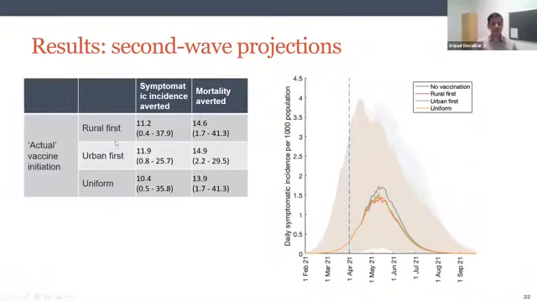So what these results suggest is they are fairly comparable, and based on the actual vaccine immunization, it would have resulted in about 10% lesser incidence of disease and about 13 to 14% reduction in the mortality because of transmission. Any questions on this before I move forward?